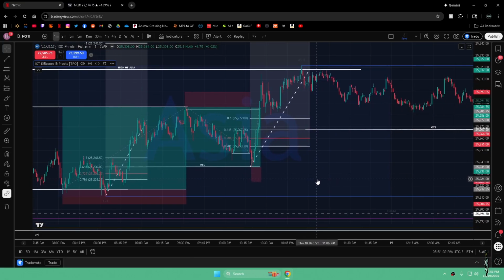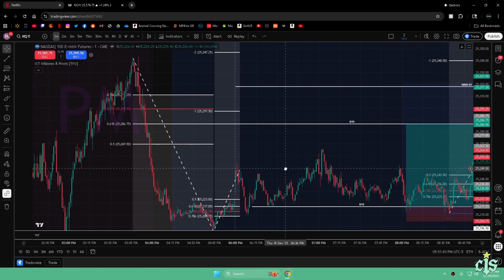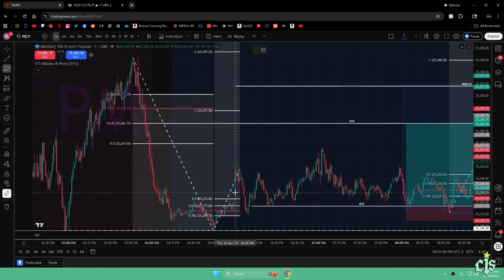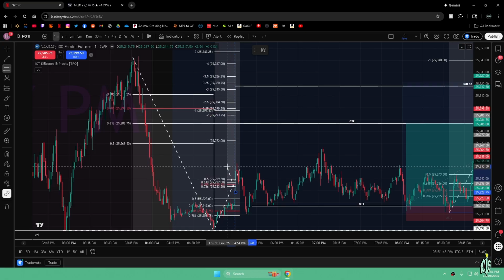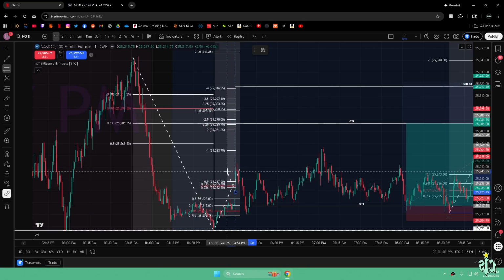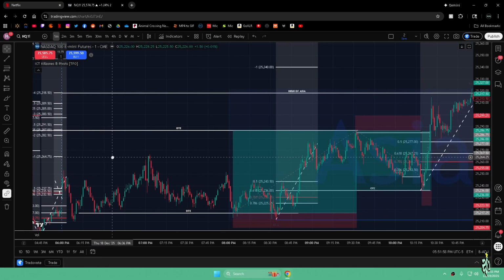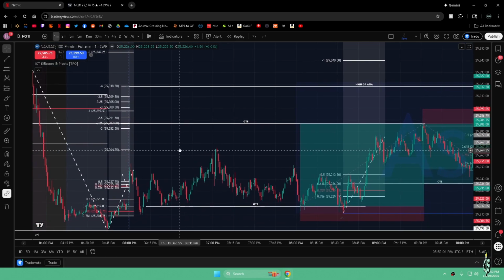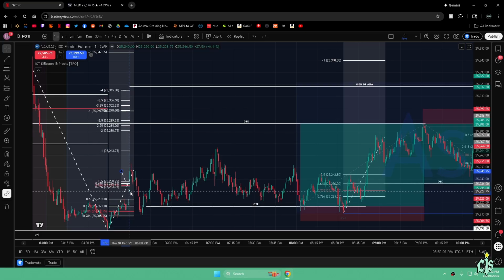Now, here's the other thing that you need to know. If we mark out our fib from here to body, just about body, we get our Asia high on the 4 fib. Wick to the wick actually.